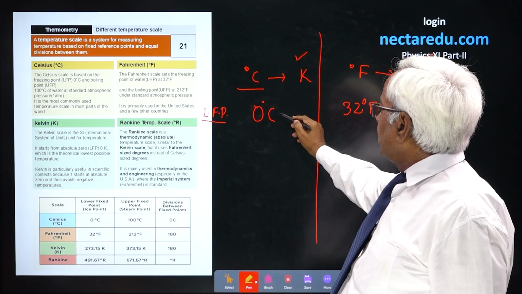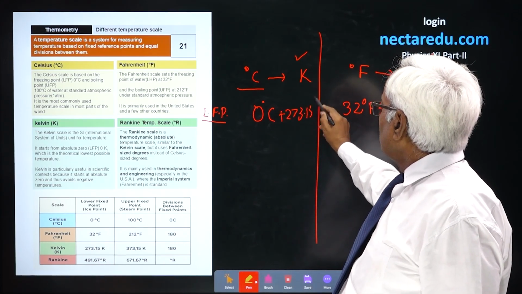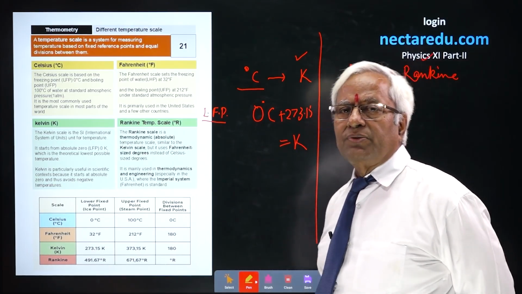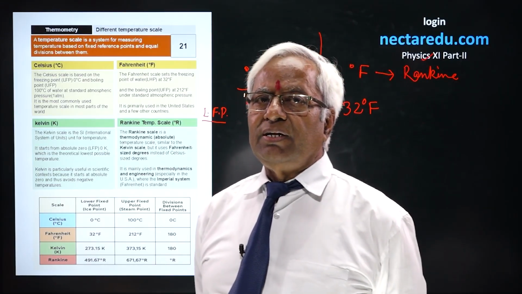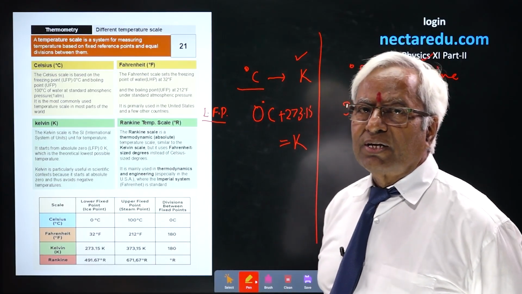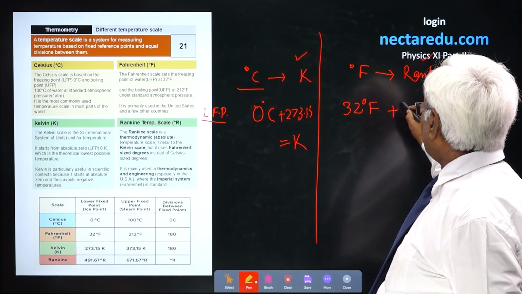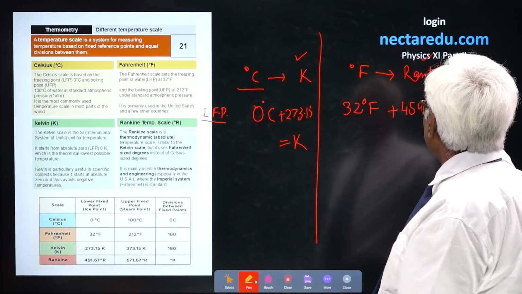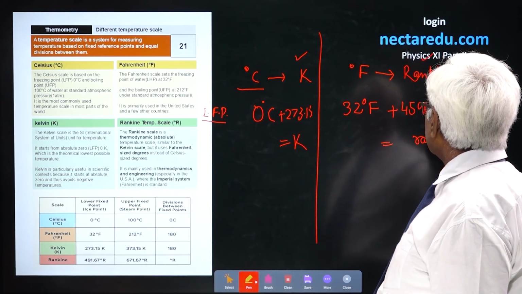When we add 273.15 in Celsius reading, you are going to get Kelvin scale reading. And if you add 459.67 in Fahrenheit reading, you'll get the reading on Rankine scale.